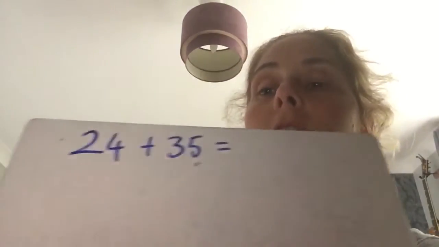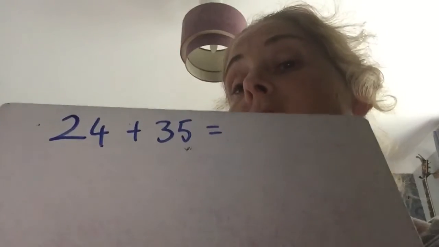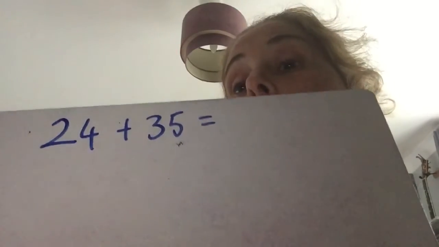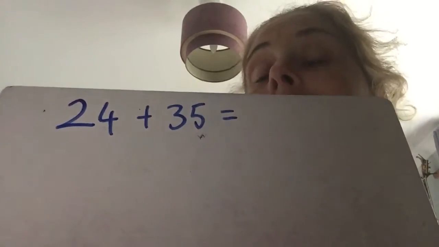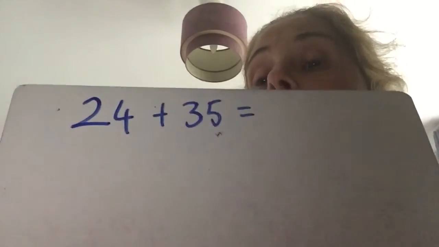So if I had a calculation like this, like the ones we've just been looking at, 24 add 35. There is another way of doing it without having to use a number line, but it still needs to use partitioning.